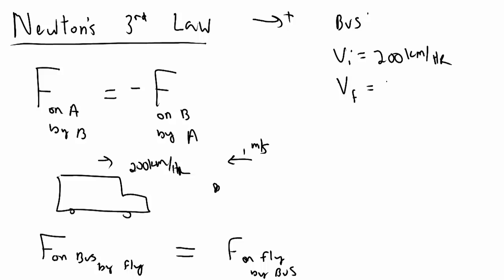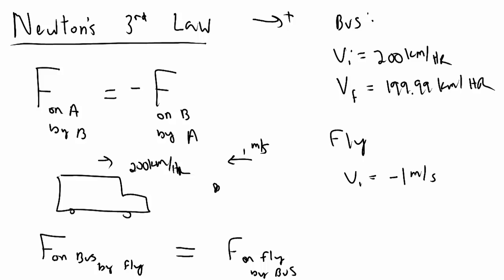So let's say that afterwards the bus is going 199.99 kilometers per hour. Seems pretty reasonable to me. And then if we think about the fly, at the beginning it was going at minus 1 meters per second. Sorry, this should be kilometers per hour. Bad units. Let's just cross that out.